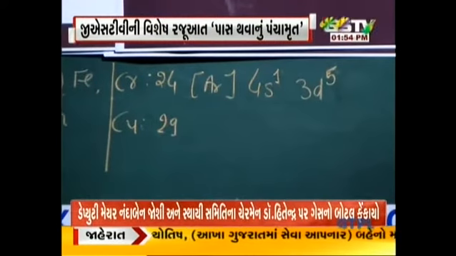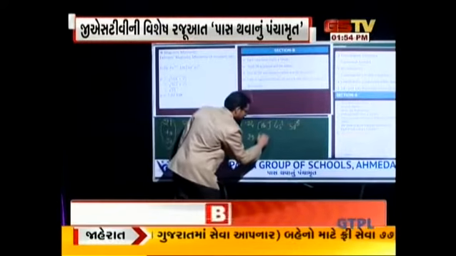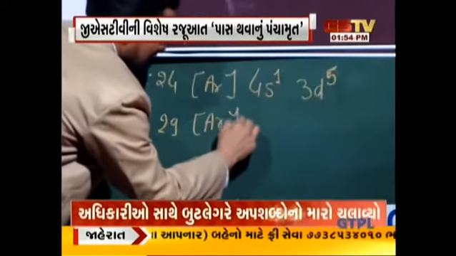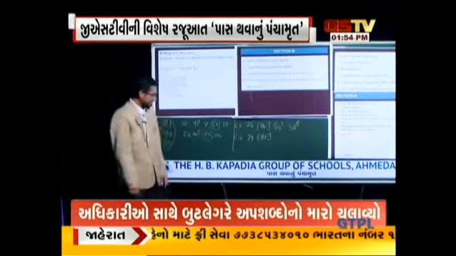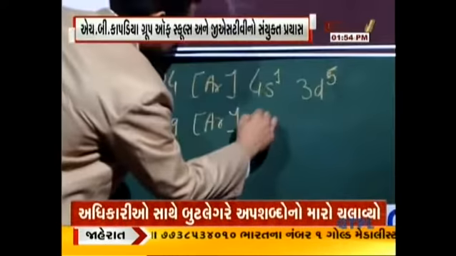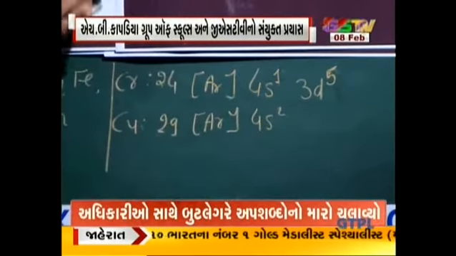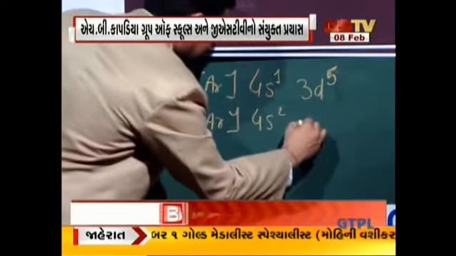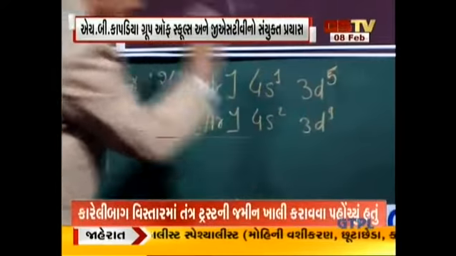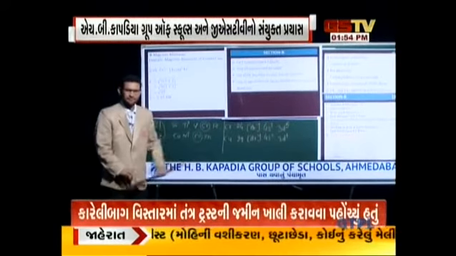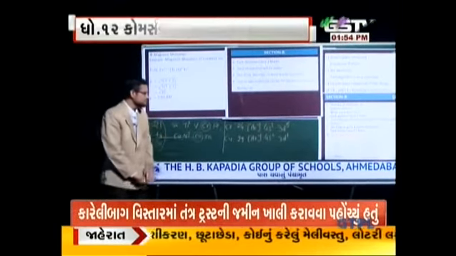Like this, another element, copper, is also an exception. Number 29, and the electronic configuration is argon 18, 4s2, 20, and 3d9. This is the general electronic configuration I have written. But why is this an exception?